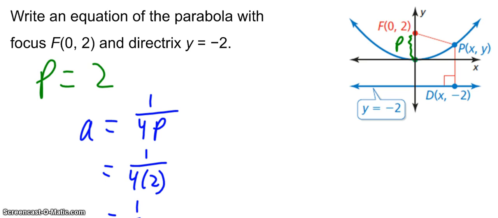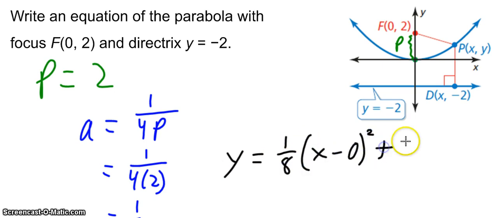And if the focus is at (0, 2), then I know my vertex is at (0, 0), because the x-coordinate of the focus has to be the same as the x-coordinate of the vertex, and the vertex lies halfway between the focus and the directrix, and since this is at 2 and this is at -2, 0 is halfway in between.